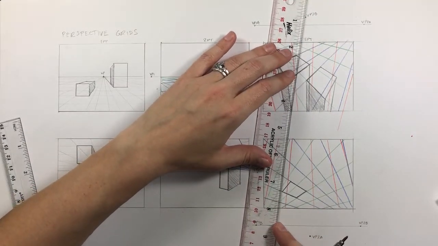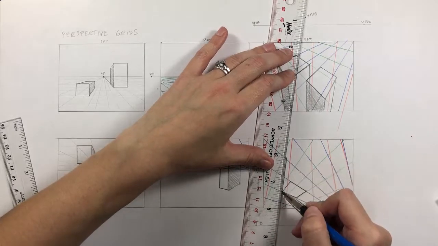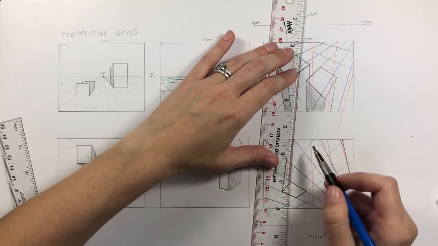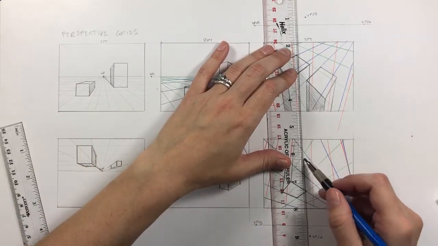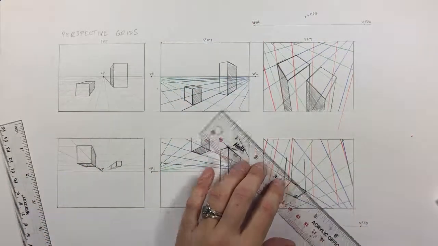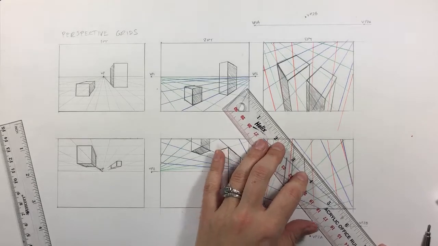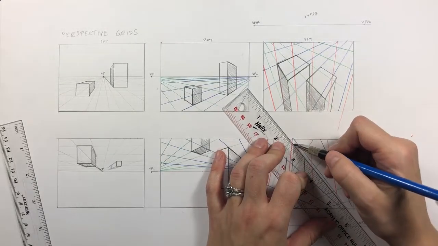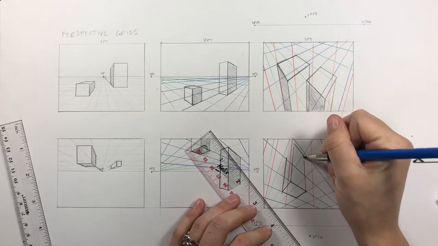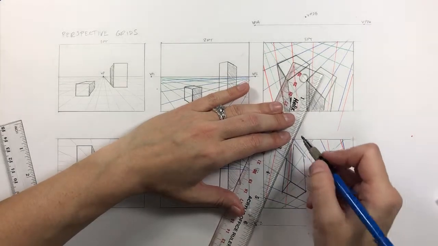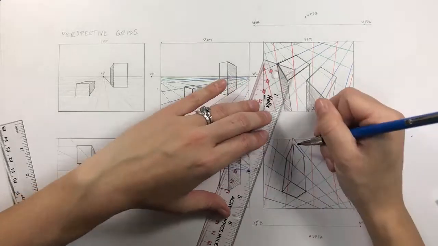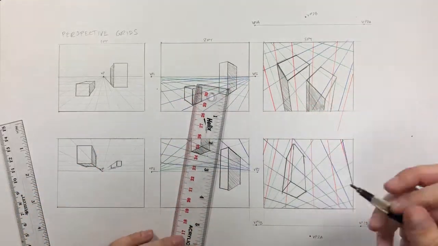Figure out my sides, because the sides are going to go back to that vanishing point. And to figure out the top, remember we gotta go back to our side vanishing points here. And there we go.